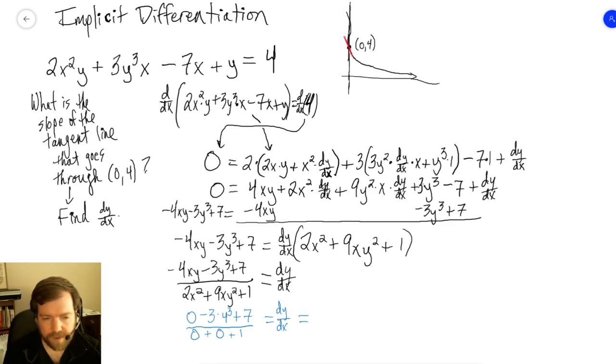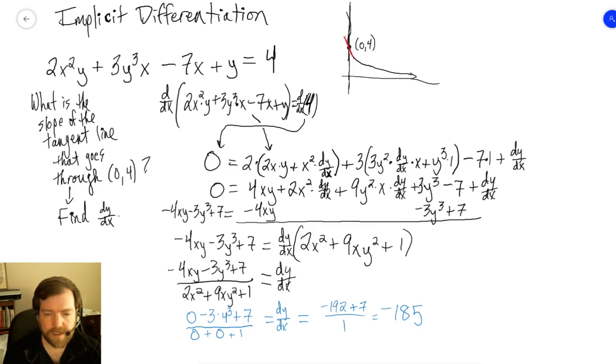All right, that is going to be then 4 cubed is going to be 64. 64 times 3 is 192 in the negative direction. Plus 7 is going to get us a negative 185. This is over 1.